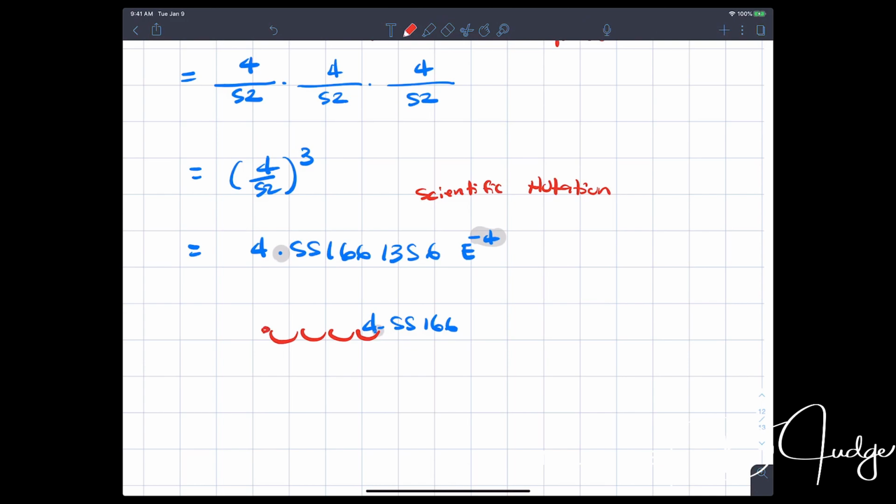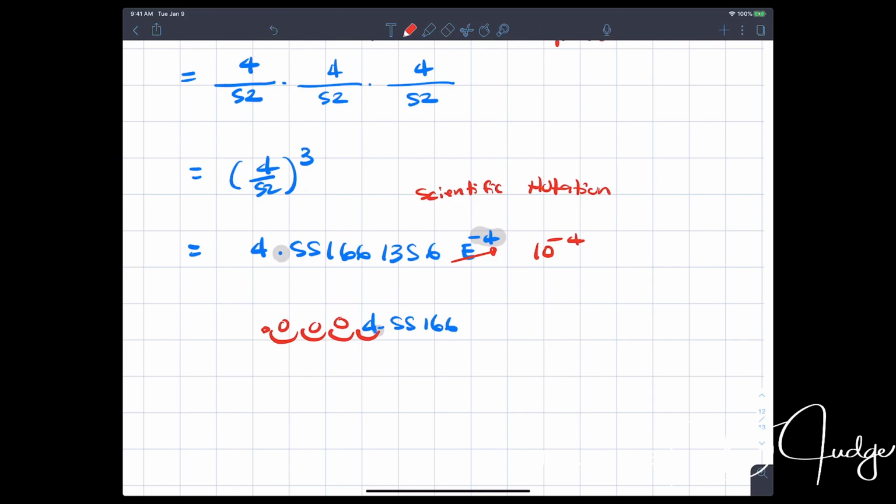There's your new decimal. So that's 0, 0, and 0. And this e to the minus 4 is really 10 to the minus 4. In all honesty, I would rather them write down 10 to the minus 4, but okay.